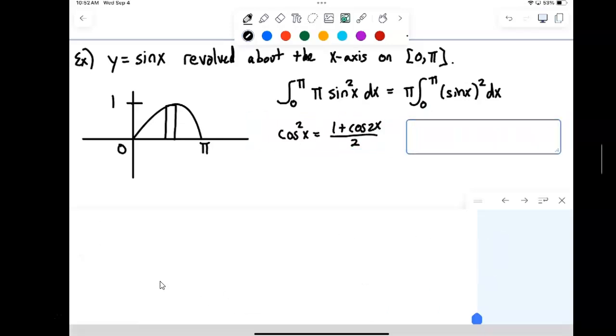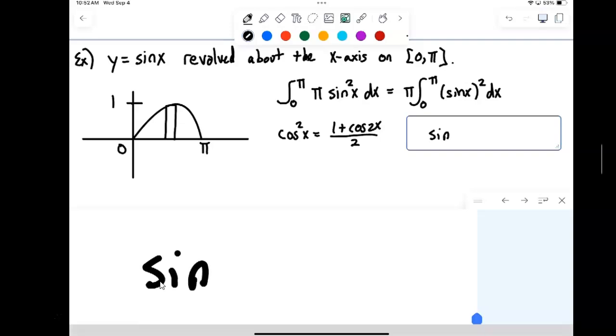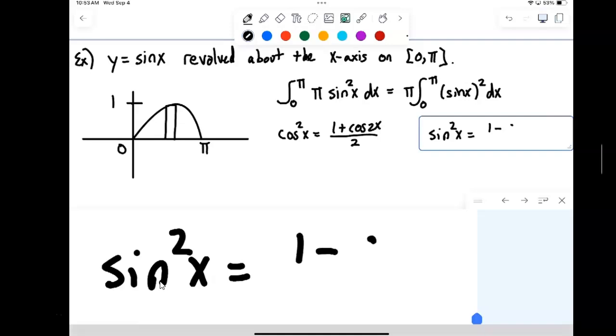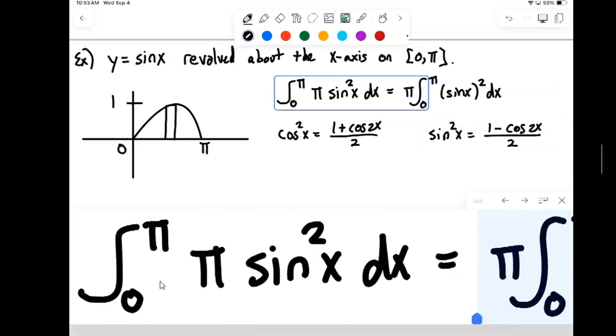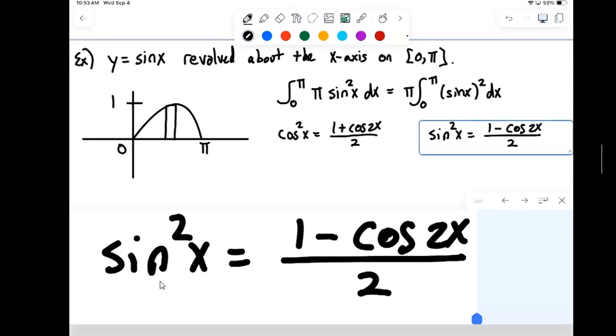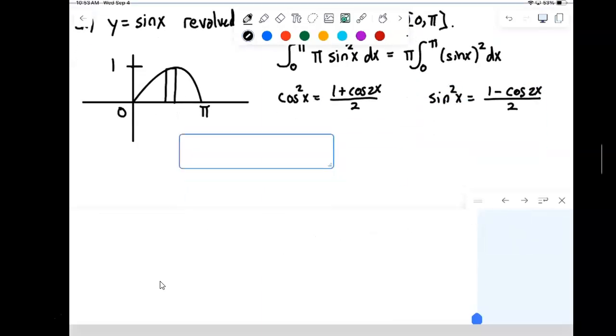And for sine squared, we can rewrite that as 1 minus cosine of 2x all over 2. That's actually the key in this problem: we're going to take the sine squared here and rewrite it as 1 minus cosine of 2x over 2. And that's really the only tool we have to be able to do that.